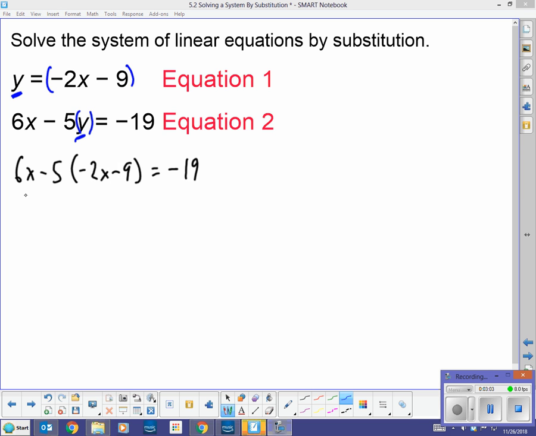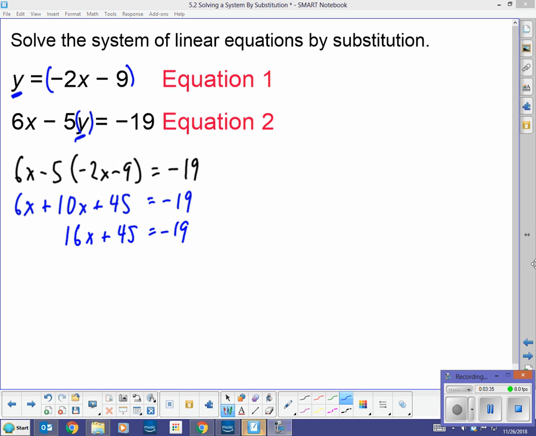Okay, so I'm going to do the distribution first. Negative 5 times negative 2x is positive 10x. And then negative 5 times negative 9 is a positive 45. That's equal to negative 19. Let's simplify here. 6x plus 10x is 16x. Everything else comes down.